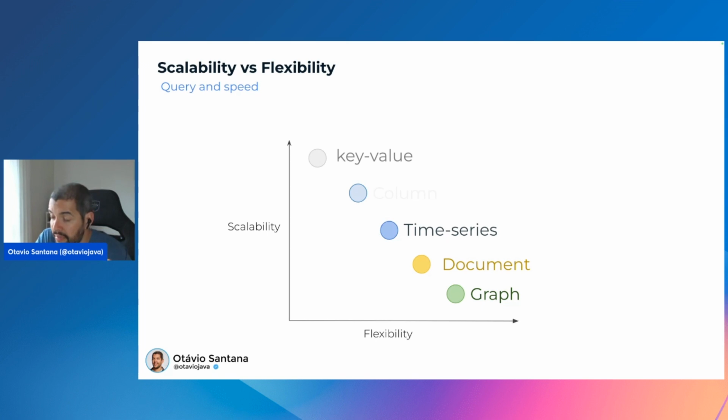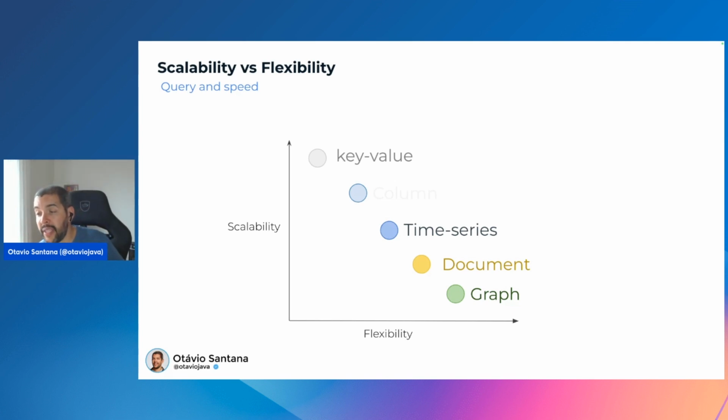When I go to column, I have more capabilities, more power, so I can return information by more than the key. I can return a small piece of my information, just a couple of columns. I don't need to return the whole information like I do with key value. Sometimes the wide column has a secondary index, allowing queries by more than the key, but we have several limitations.